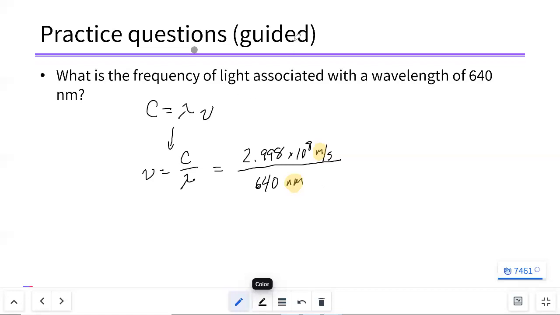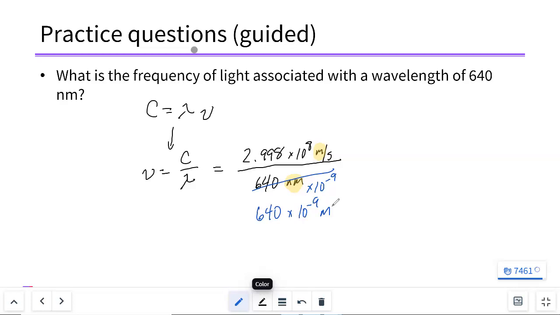Here's where our knowledge of the metric system can come in handy. I know that nanometers are 10 to the negative 9th in terms of meters. So I'm going to rewrite this value as 640 times 10 to the negative 9th meters. Is this improper scientific notation? Absolutely.